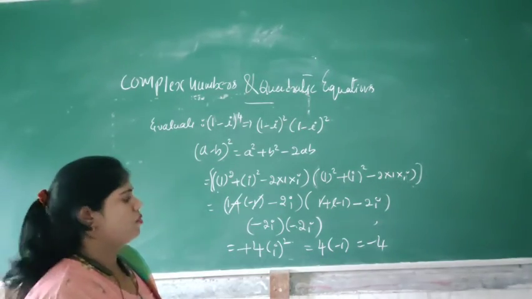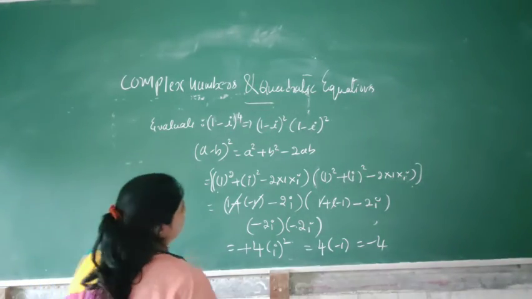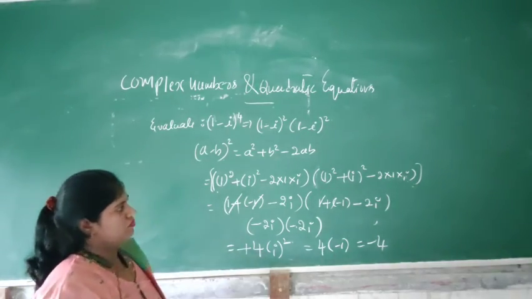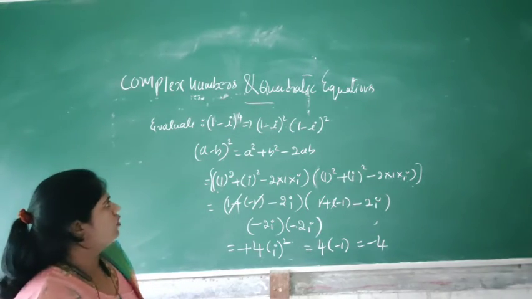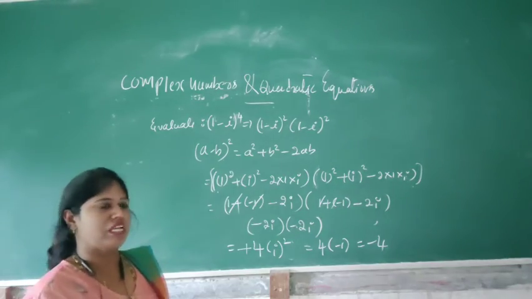These are the important problems, exercise problems. These are all exercise problems, okay? 1 minus i to the power of 4 can be written as 1 minus i square into 1 minus i square.